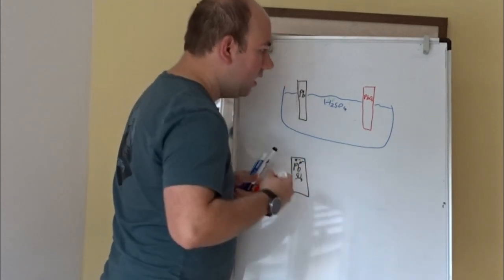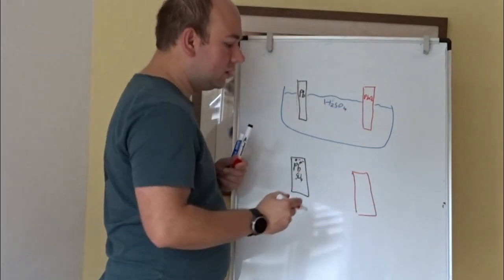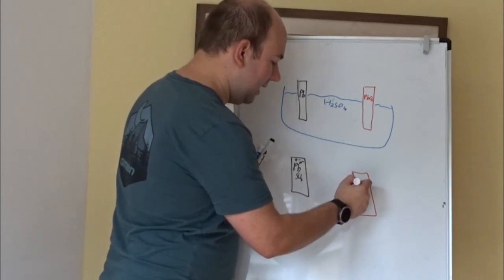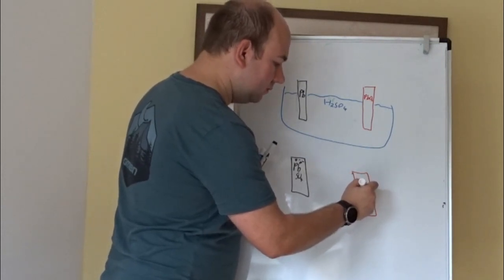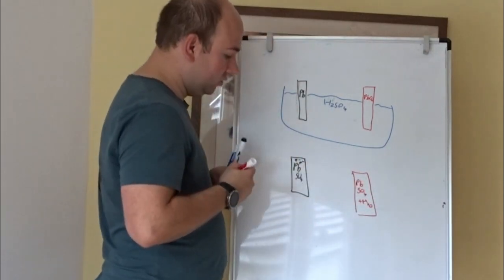The lead oxide also goes to PbSO4 plus some water, but importantly no electrons.